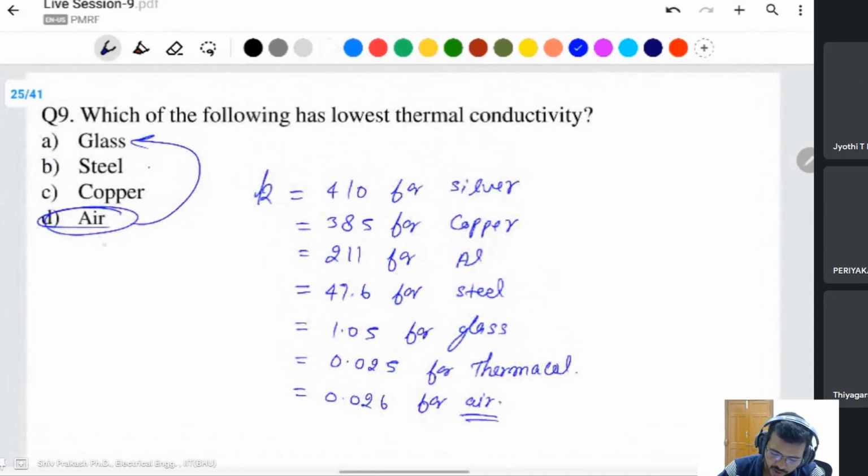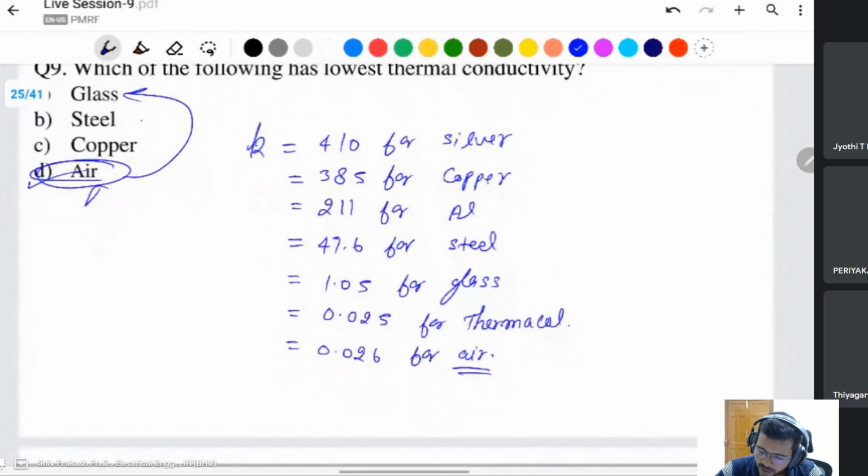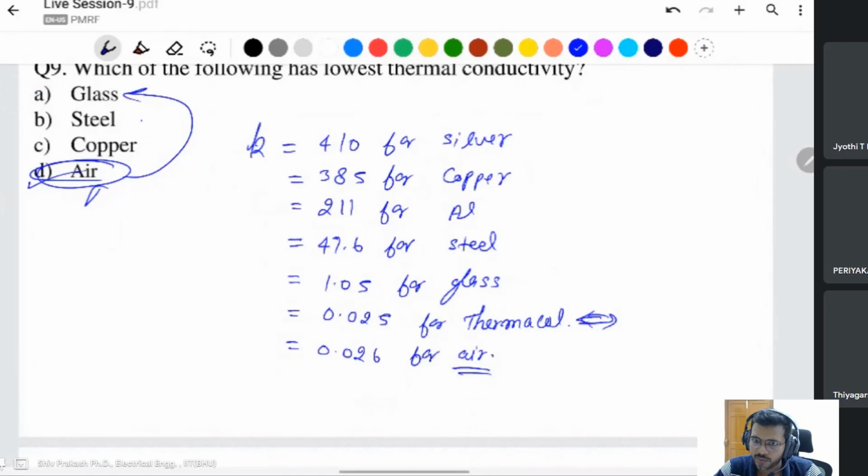In this condition, air is the lowest. Thermocol application: I think all of you know about the coolant bottle. It is made with thermocol placed between the layers, to restrict the temperature conduction between the water temperature inside the bottle and the outside ambient temperature. This will be restricted by the thermocol.